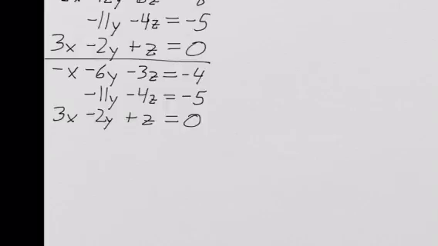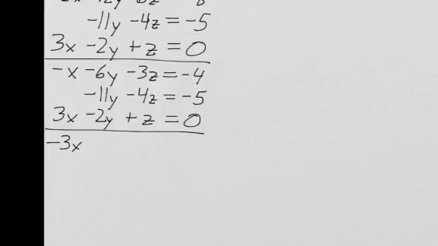So now again, I'm doing some stuff for clarity here. I'm going to multiply the first equation by 3. So both sides by 3. So I have minus 3x minus 18y minus 9z equals negative 12. Last two equations stay the same.